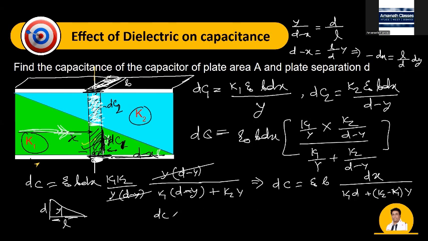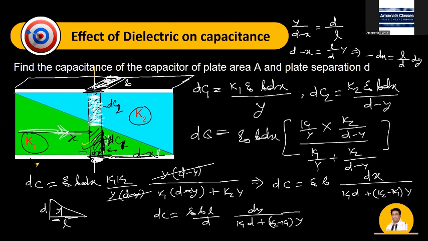So it means dC equal to epsilon naught b, in place of dx I am writing l by d into dy, divided by K1 d plus K2 minus K1 into y.